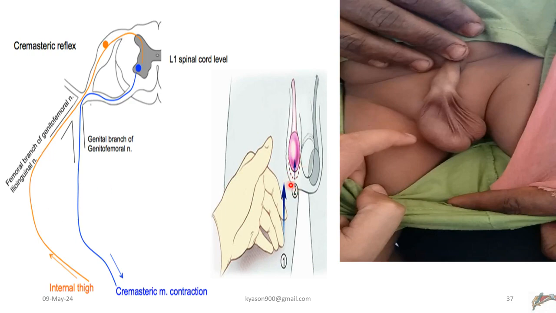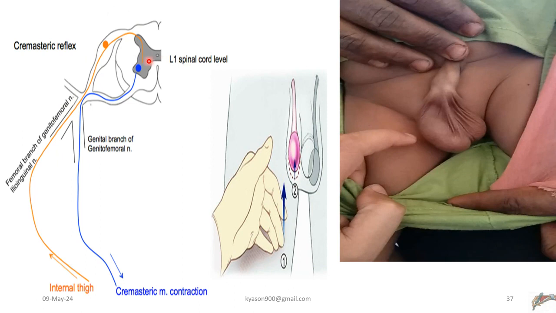So once you massage that area, sensations are going to be transmitted by these nerves, and these sensations are going to be taken to the spinal cord, the first lumbar segment of the spinal cord, because that's where these nerves come from. Of course, after these sensations are transferred to the spinal cord, remember it's a reflex.